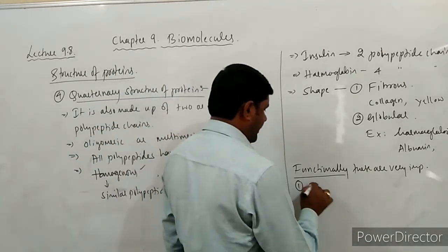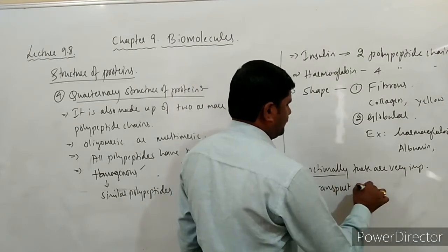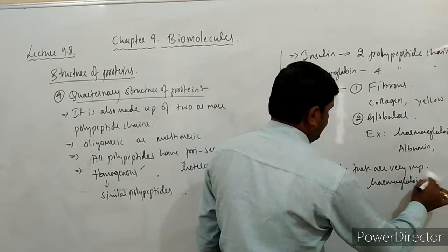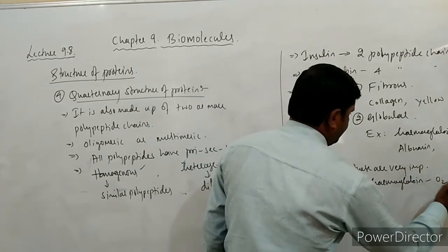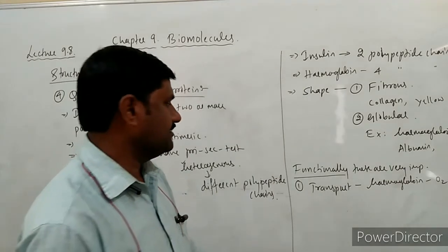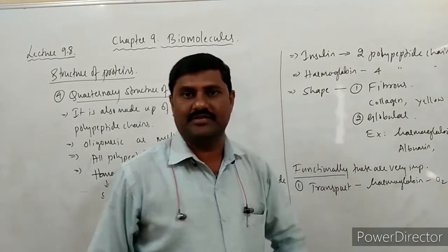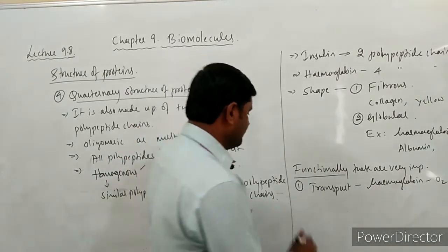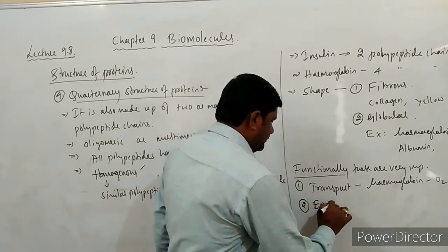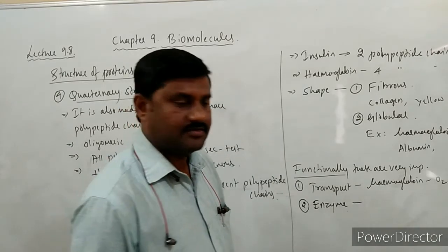They help in transport. Hemoglobin is the best example for this. It helps in carrying oxygen as well as carbon dioxide, that is, the respiratory gases are transported with the help of these proteins. They also form some enzymes.